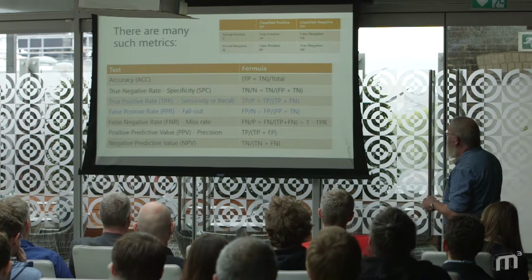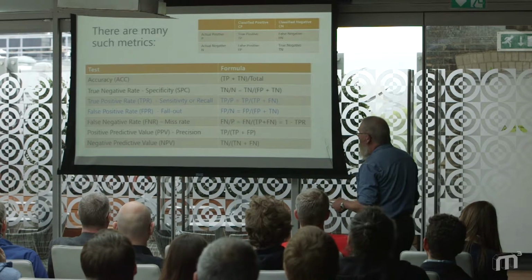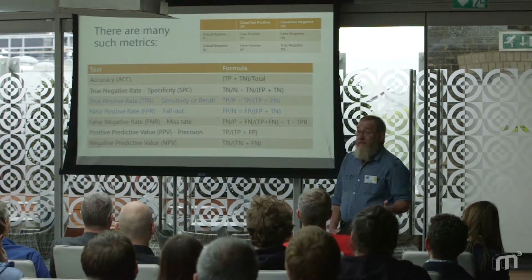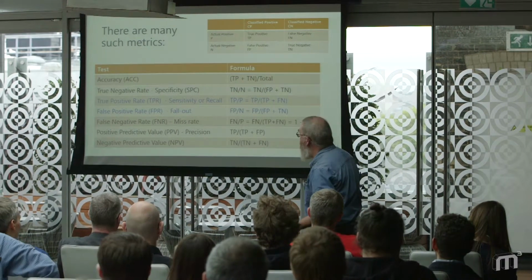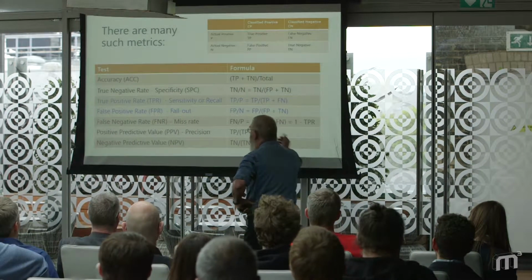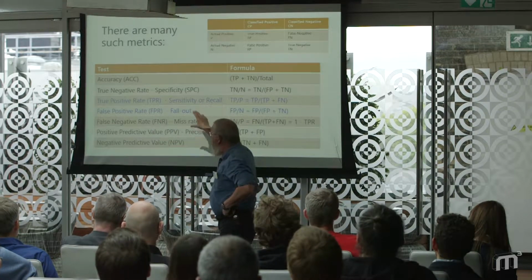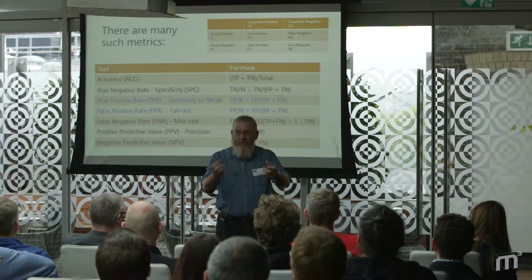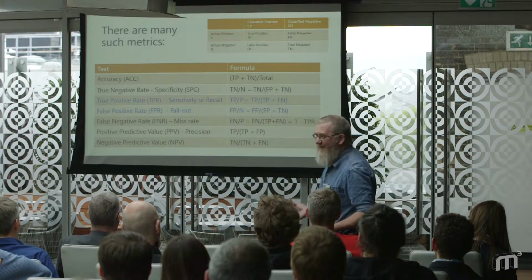And what I've done is put that up there to remind you where these are coming from. But this list is absolutely not exhaustive. This list is a tiny fraction of all the metrics. And you'll notice that I've got a metric there called FNR. Well, there's a whole list of metrics that build up on these primary metrics and then build them into more complex metrics. You can have as many metrics as you want.